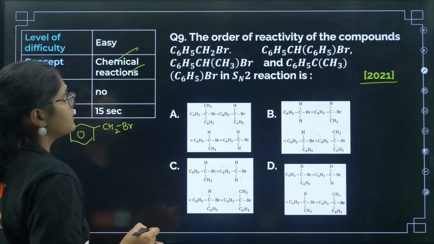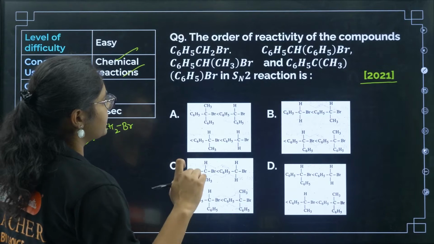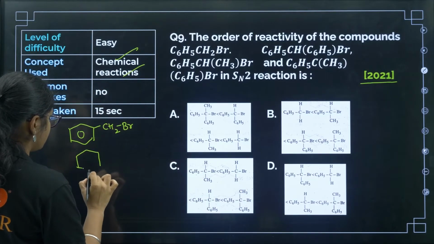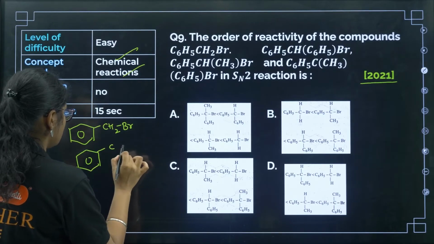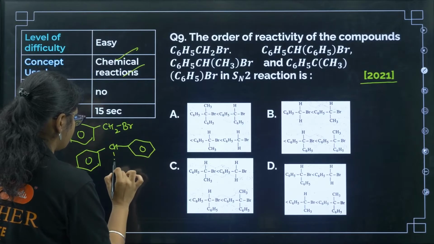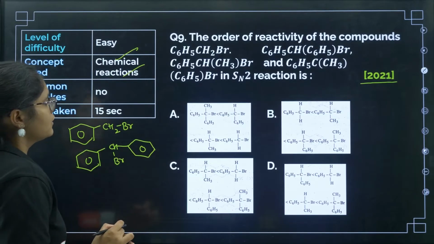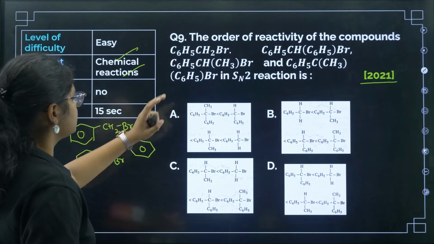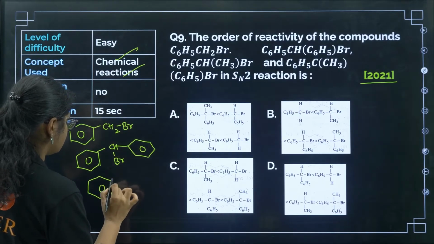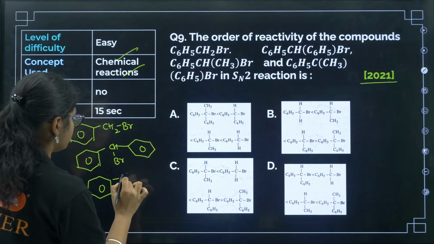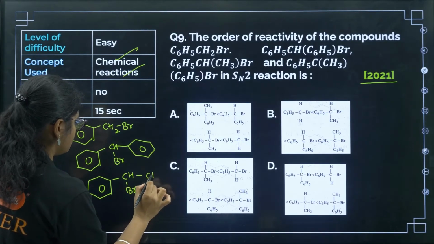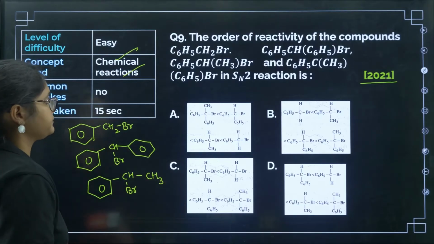Fine. Next we have C6H5CHBr. So it is like this, C6H5, C, H and Br. Next we have C6H5, C, H, Br and then CH3.